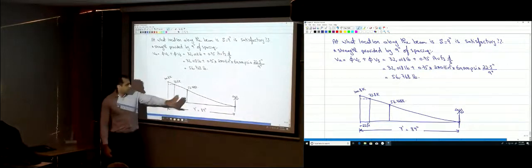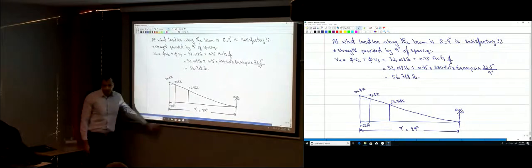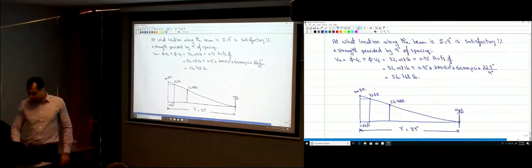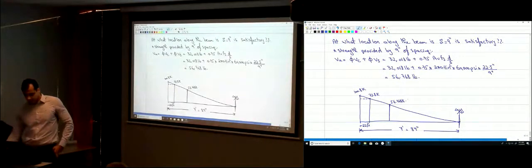But to the left of that point, I have to provide 5 inches of spacing because the shear is larger than the capacity of the 9 inches of spacing. So where's that point?